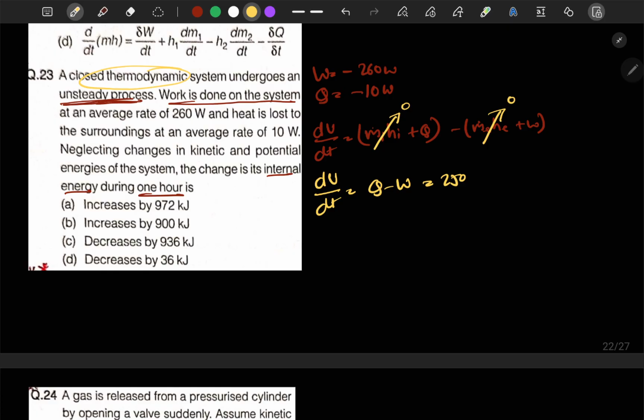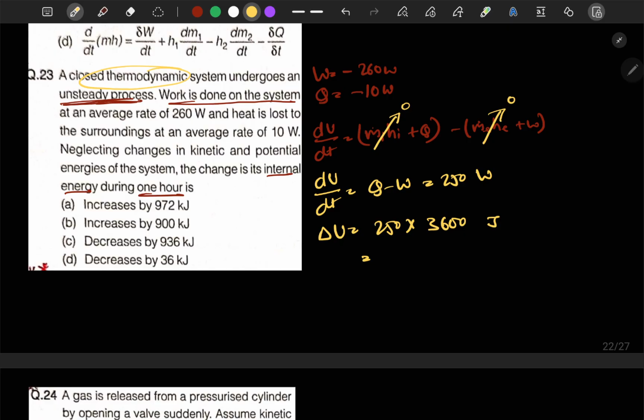And if we have to calculate the value in 1 hour, this is in watt, so in 1 hour delta U will be 250 into 3600 joules.